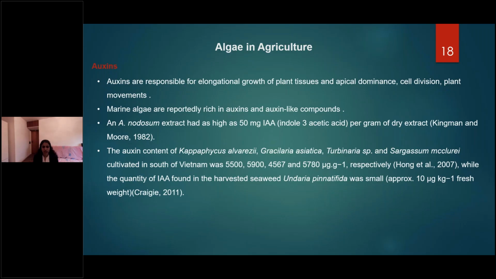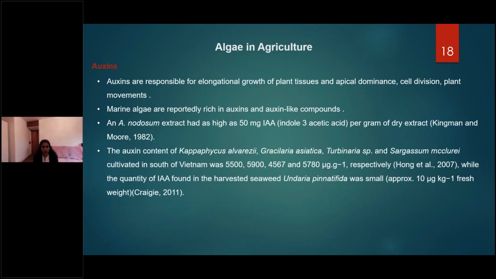The auxin content of Kappaphycus alvarezii, Gracilaria, Turbinaria species, and Sargassum cultivated was 5,500, 5,900, 4,567, and 5,780 micrograms per gram respectively.